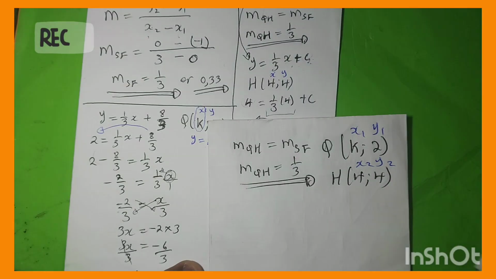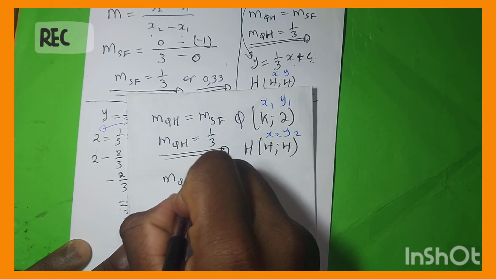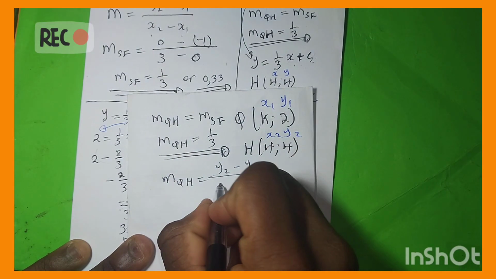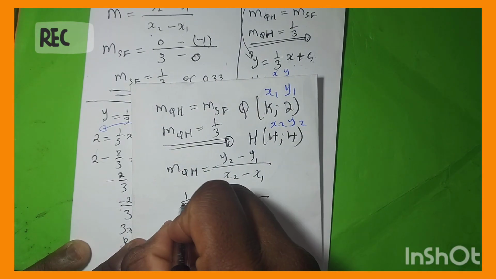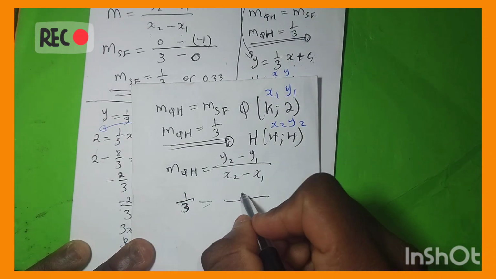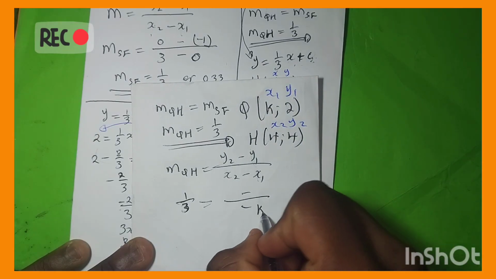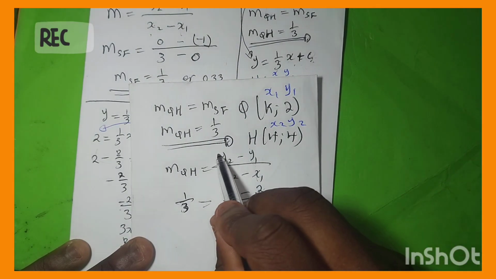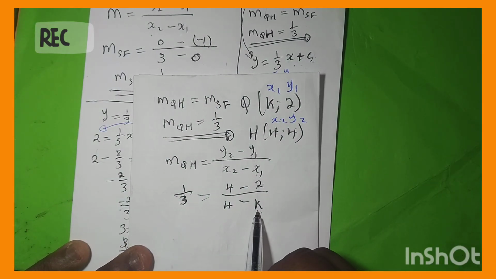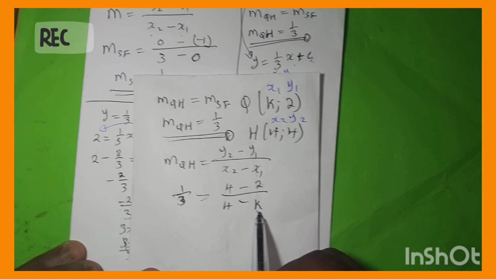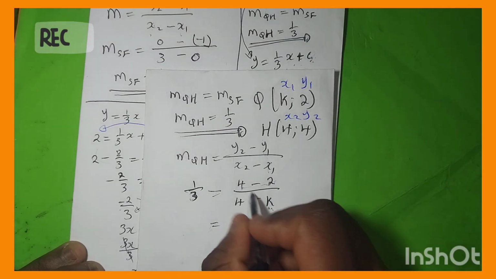So I can apply the gradient equation: the gradient of QH is y1 minus y2 divided by x1 minus x2. Then I substitute 1 over 3. Point 1 is K and 2, and point 2 is 4 and 4. Now I have to solve for k.